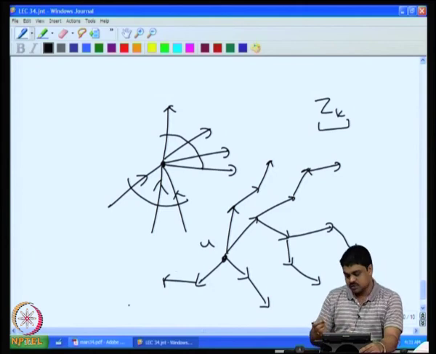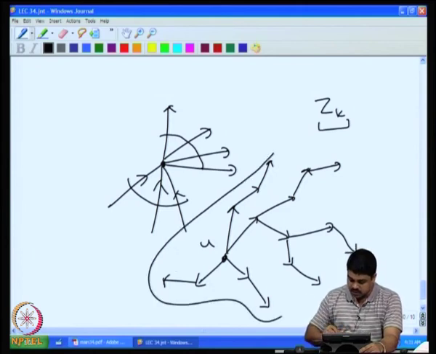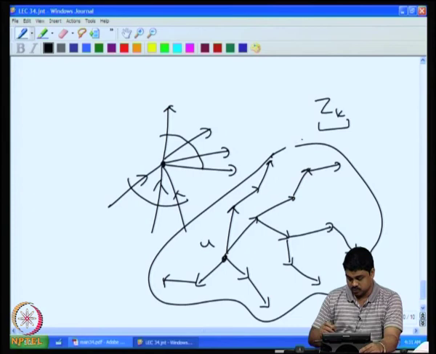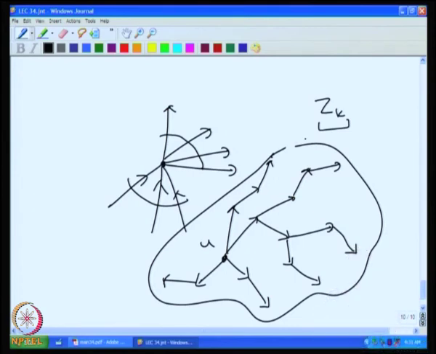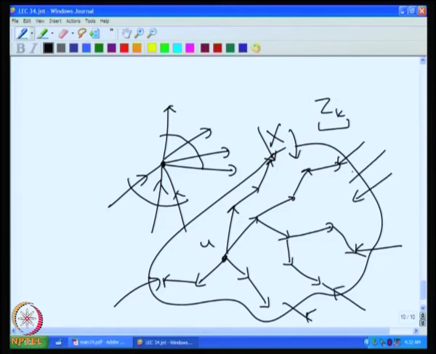So, all the vertices which can be captured using directed paths starting from u, we collect all these vertices, let it be X. Now, any edge which has some interaction with the outside world should be incoming edges only, that is why we cannot go and capture the remaining ones, right, everything should be like this, incoming edges.